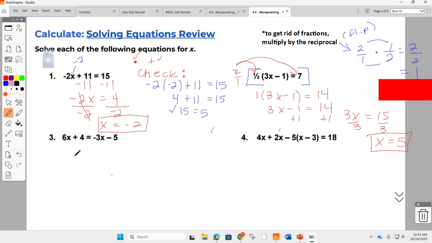So this one's still a linear equation, but this has variables on both sides, right? Anybody remember what you do if you have variables on both sides? Yeah, so we're going to either subtract 6x from both sides, or we're going to add 3x to both sides. Technically, either one would give you the right answer. I will tell you, if you subtract the biggest one, you're always going to have a negative coefficient on your variable.